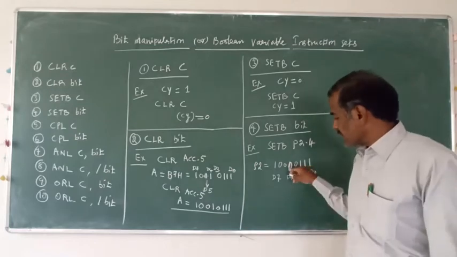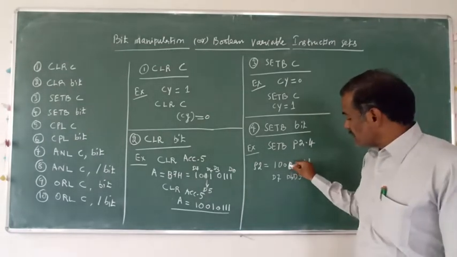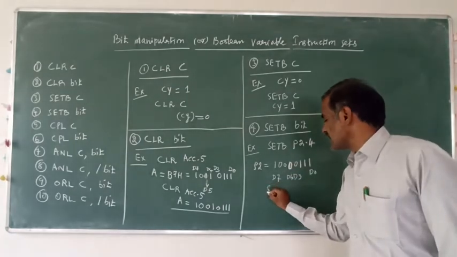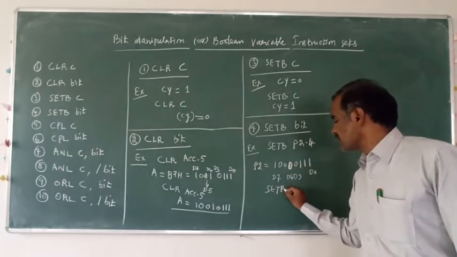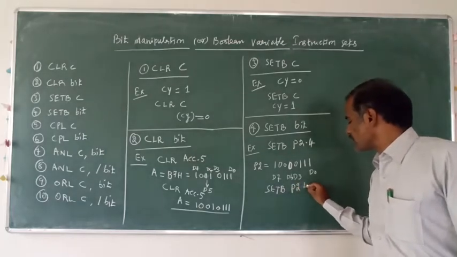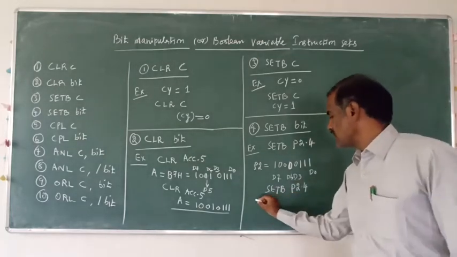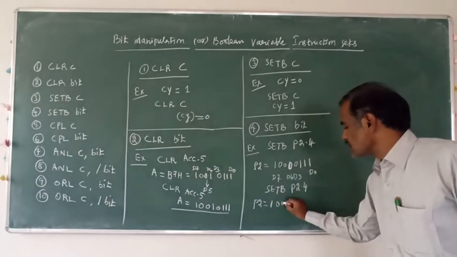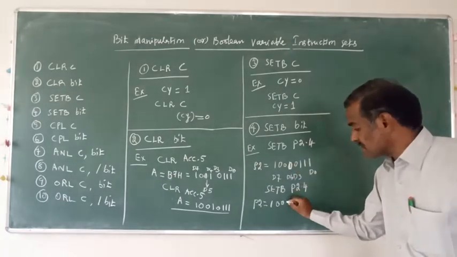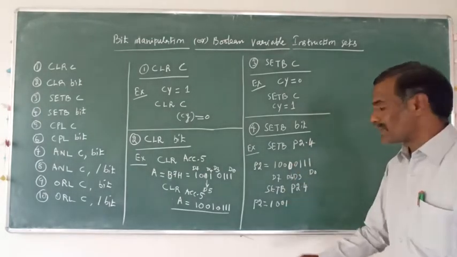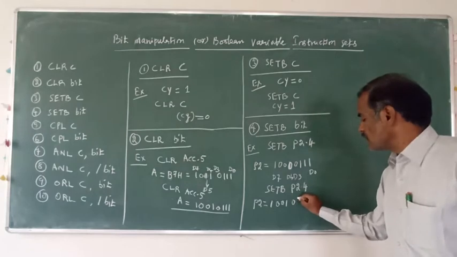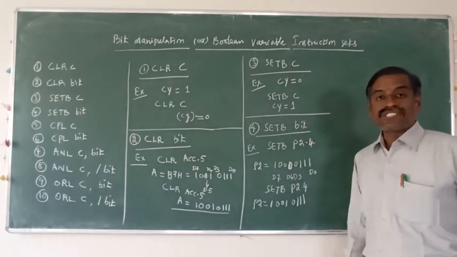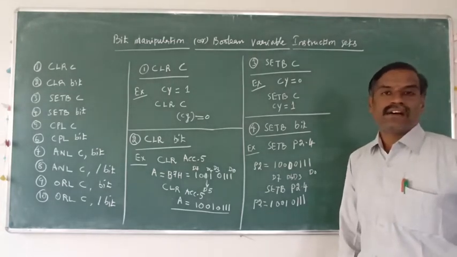Now to set the D4th bit to 1, we can use SETB P2.4. After this instruction, port 2 equals 1, 0, 0, and here the 0 changes into 1, then 0, 1, 1, 1. This is the instruction to set that particular bit to one condition.